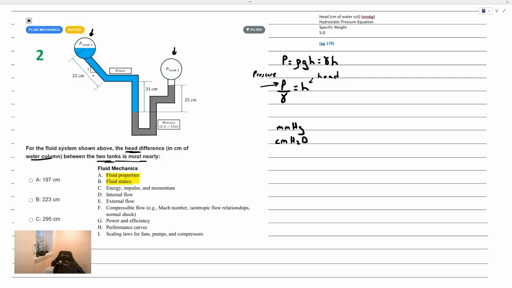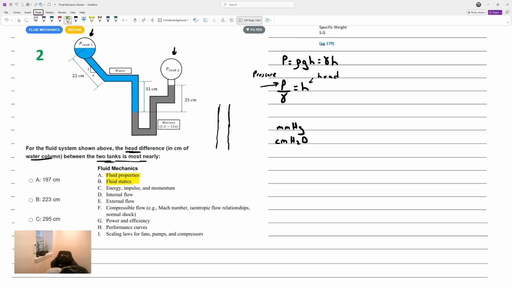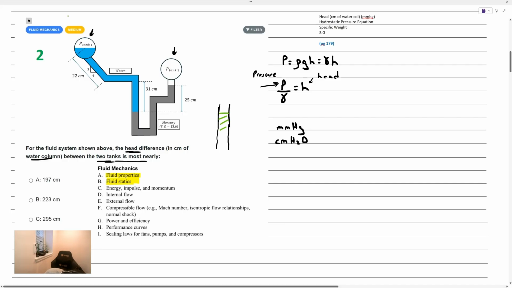If you're given a head in centimeters of water, how you can convert that to a pressure is, physically, if you had a static column that contained 10 centimeters of mercury or 10 centimeters of water here, the pressure exerted at the bottom of that column would be equal to whatever the gamma of water is multiplied by the height of that column. That's 10 centimeters. So it would be like 10 gamma. And gamma is like 1,000 kilograms per cubic meter multiplied by gravity.